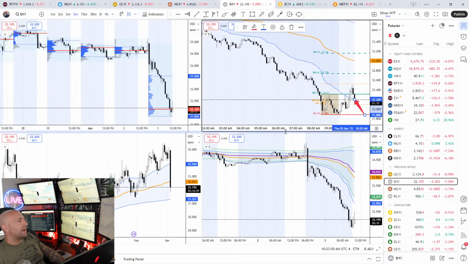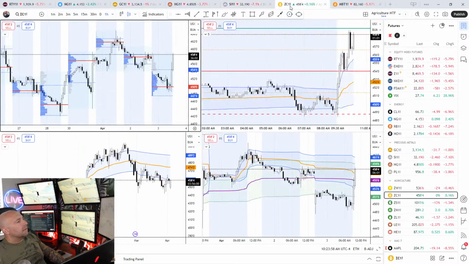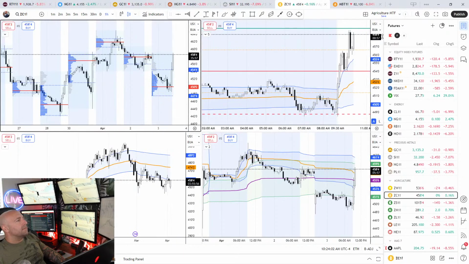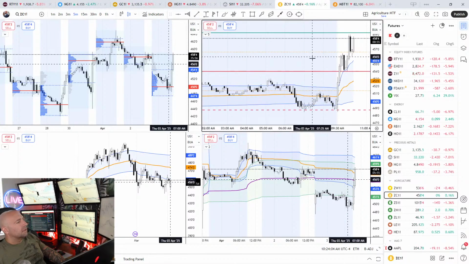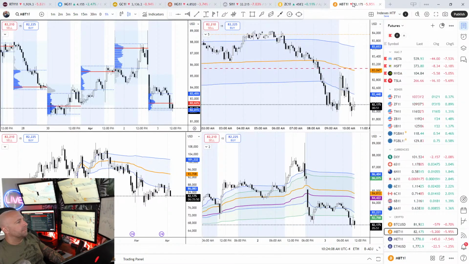This would be a long spot. Corn is setting up, price discovery continuation.